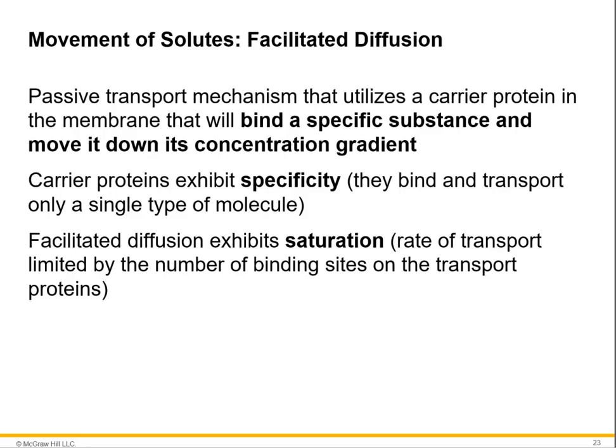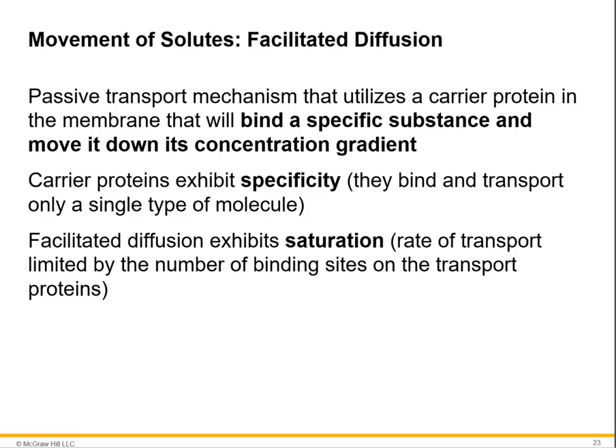Okay, and then finally in passive transport we have facilitated diffusion. So facilitated diffusion is going to use a special carrier protein in the membrane that is going to bind a specific substance and move it across the membrane down its concentration gradient. Remember, passive diffusion, or passive transport, is always going to be down the concentration gradient. These carrier proteins are going to have specificity.